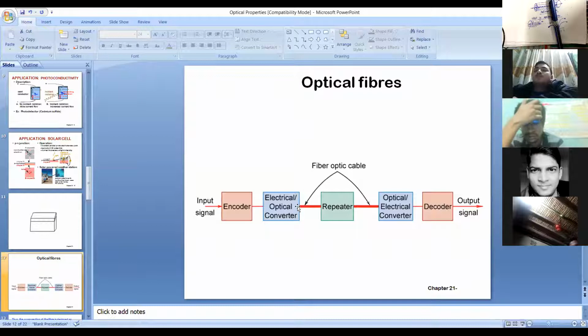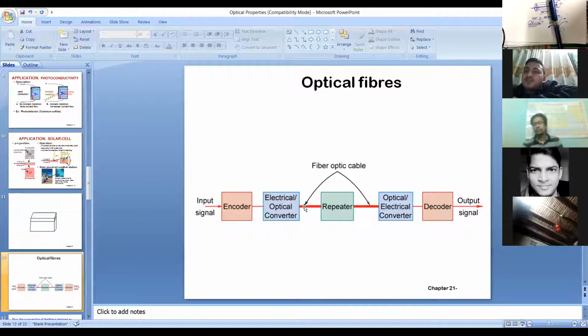Now this goes to a fiber optic cable. This is fiber optic cable where that light passes through this cable with internal reflection. Now, what is repeater? Repeater is the hub where light is extended. Why?